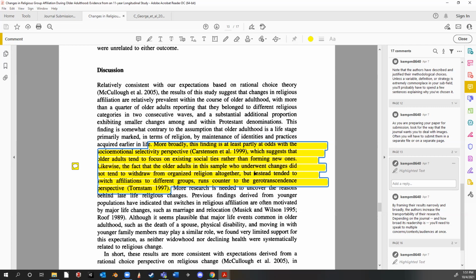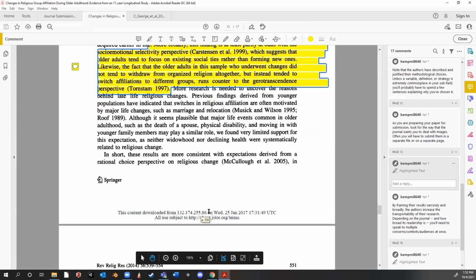Likewise, the fact that older adults in the sample who underwent changes did not tend to withdraw from organized religion altogether, but instead tended to switch affiliations, runs counter to this other perspective. So in addition to identifying at the very beginning, hey, our research is going to fit into this kind of missing aspect of the conversation, you circle back to that at the end of your analysis to show, hey, this is how our arguments do or do not conform to what we already know about the subject, okay?